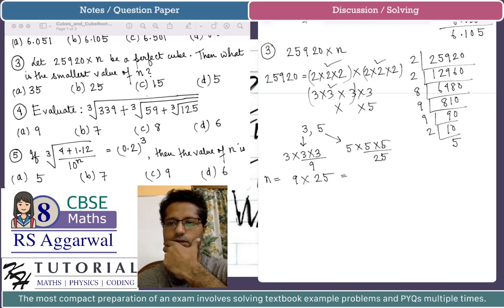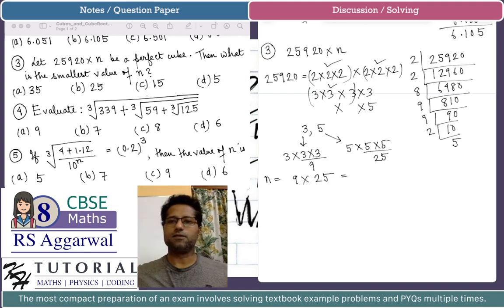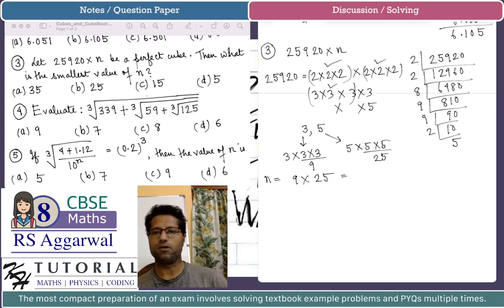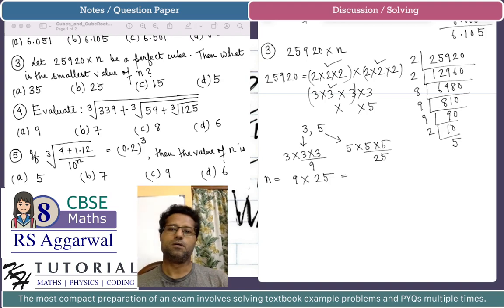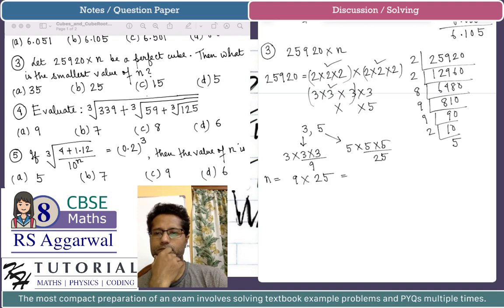We can see that in the prime factorization of 25920, only the factors 3 and 5 are not part of any triplets.